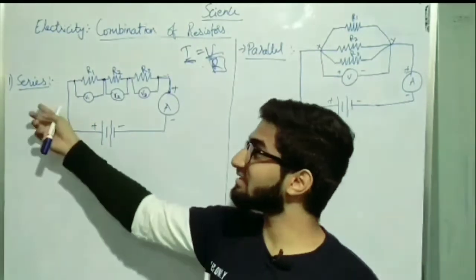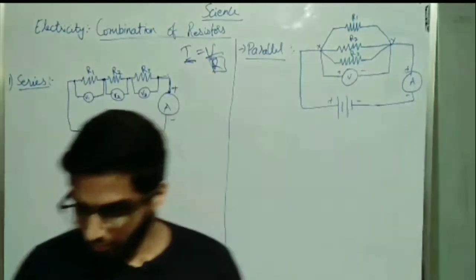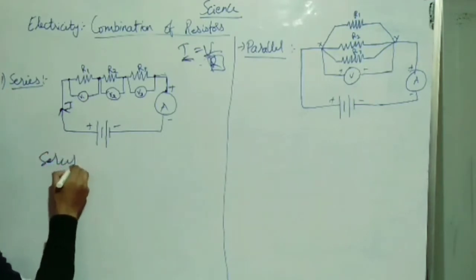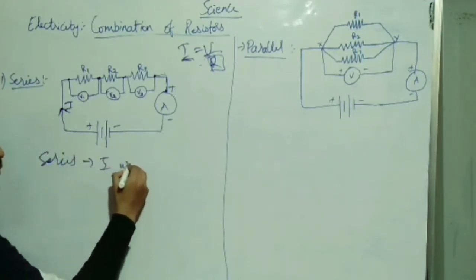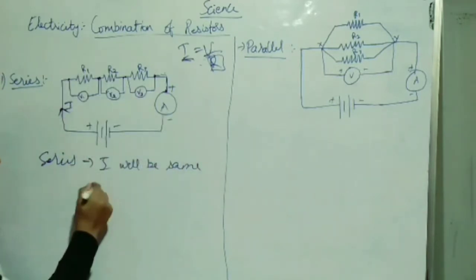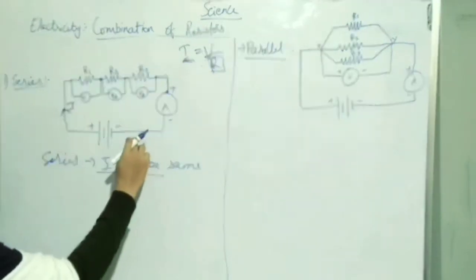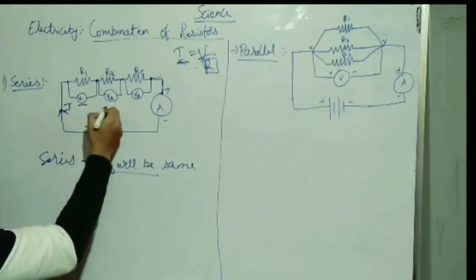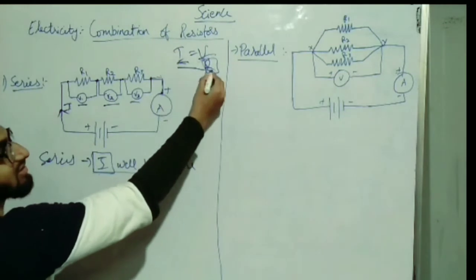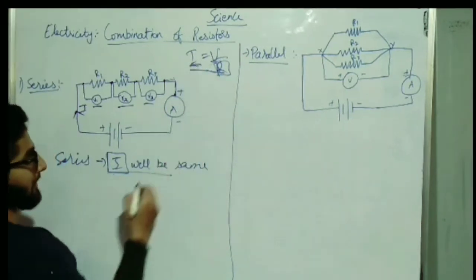Let us see resistors in series. Now what happened in this circuit? You have to remember that in series, your current will be the same throughout the circuit. But there will be a change in your voltmeter reading. Why? Because here you see, this is your Ohm's law, correct?